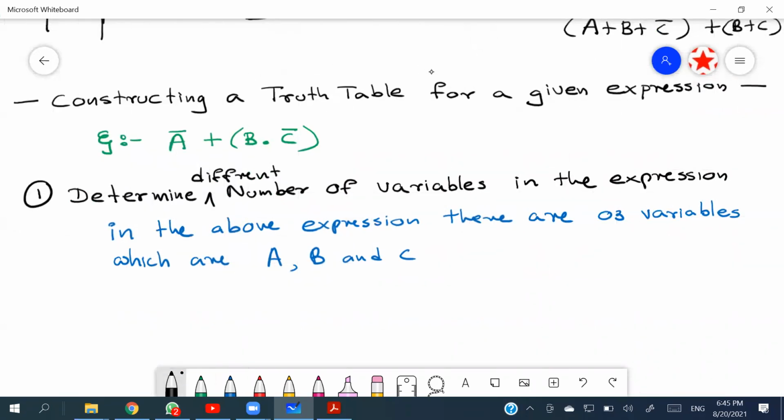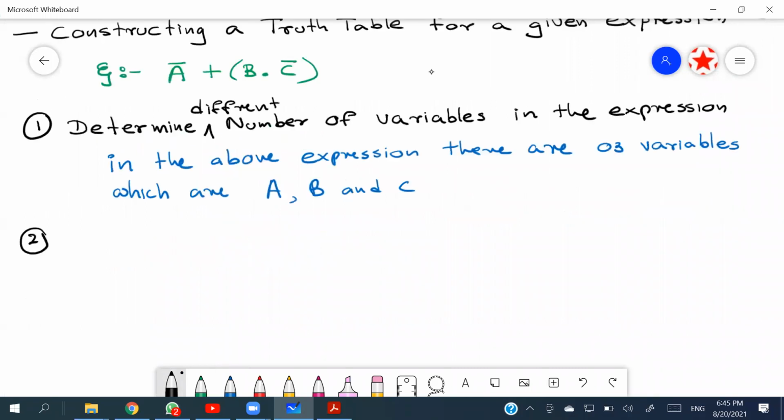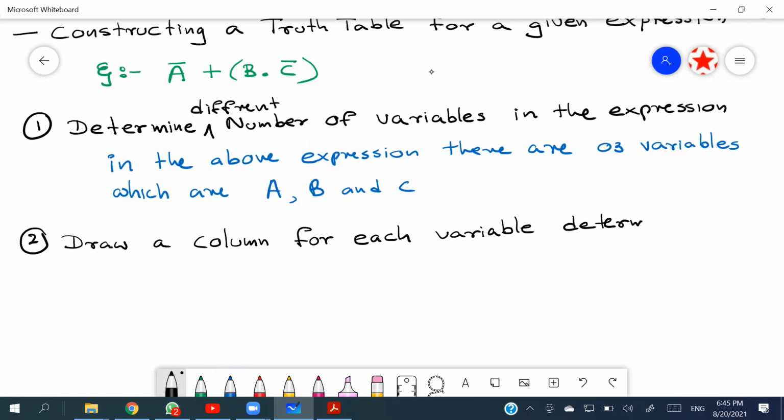And the second step: here we are going to construct the truth table. The second step is to draw a column for each variable determined.